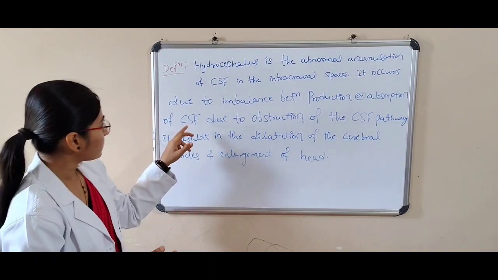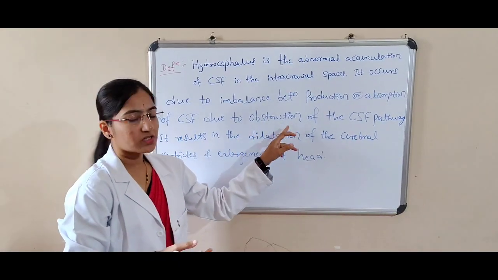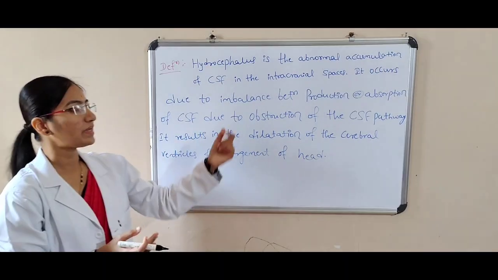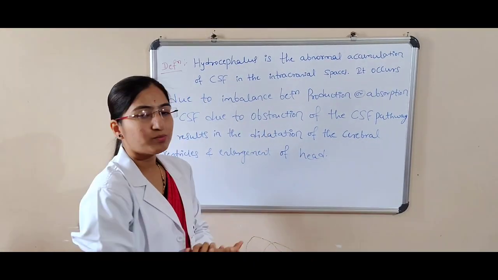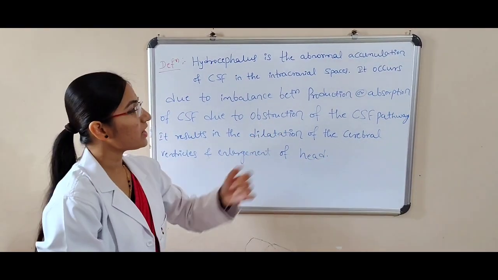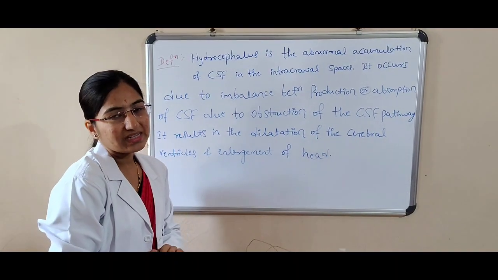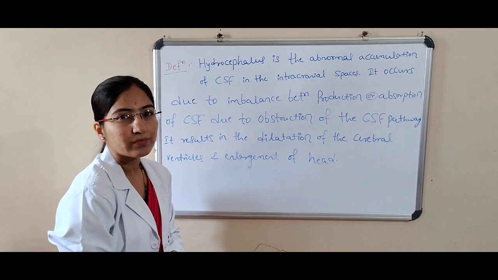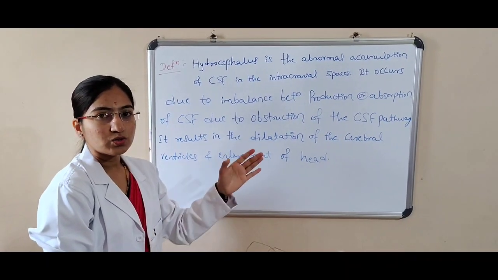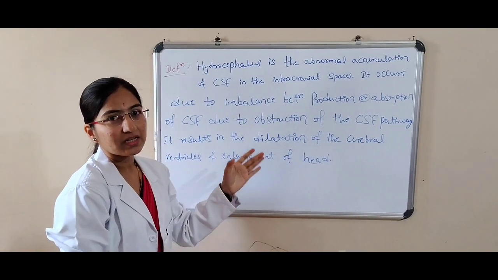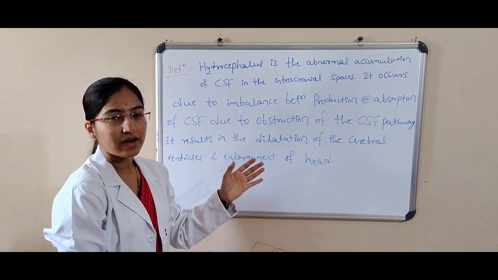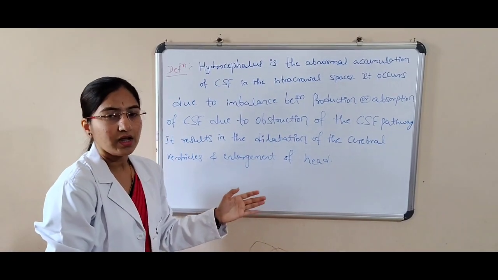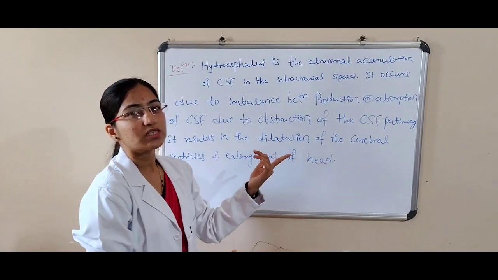And then, due to obstruction of the CSF pathways. Pathway means how CSF flows through the brain: in the right and left lateral ventricles, then the third ventricle, then the fourth ventricle, and then the medial foramina to the subarachnoid space.